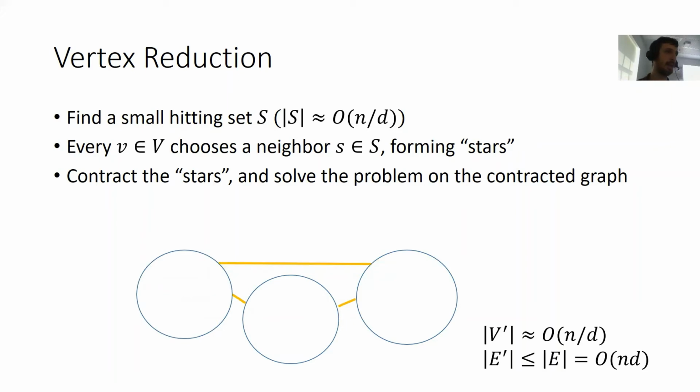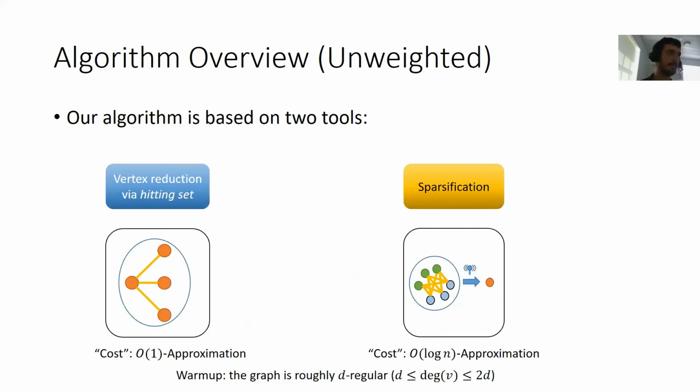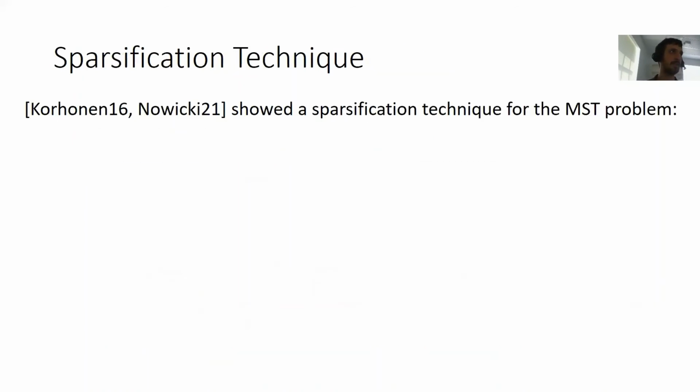So in this new graph, the size of the vertices is roughly n over d, and the size of the edges is, since we didn't create any new edges, still order of n times d. So next I'll talk about our sparsification technique.